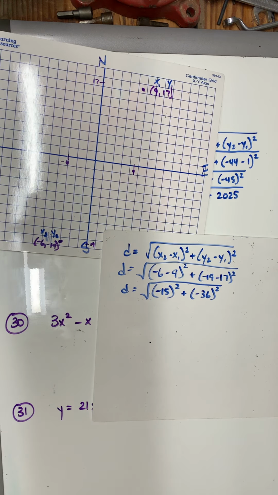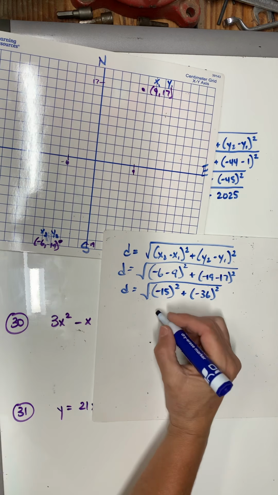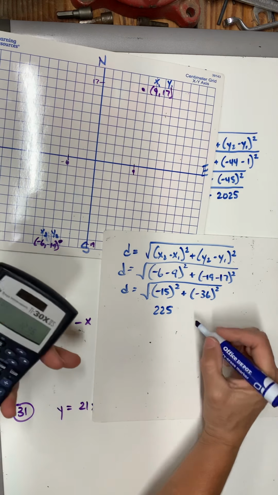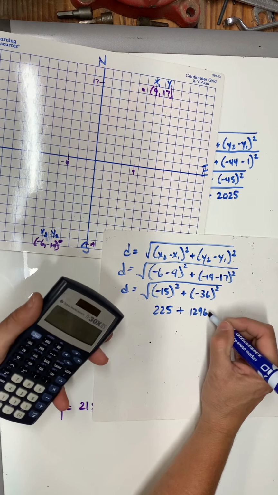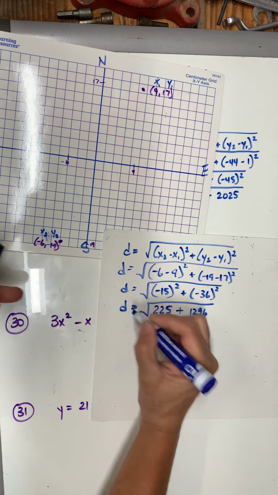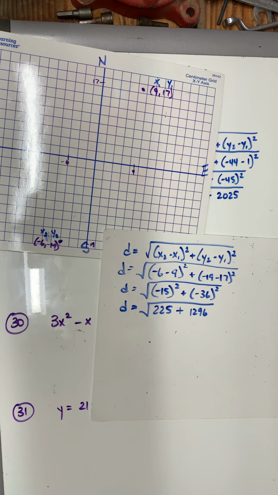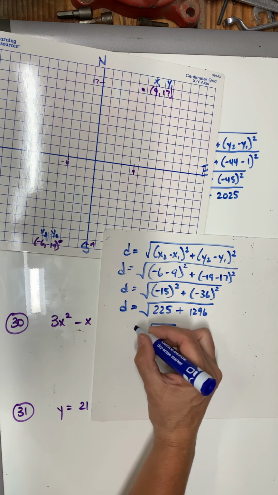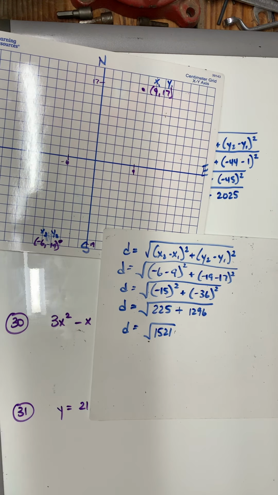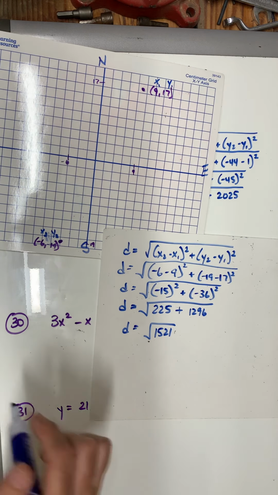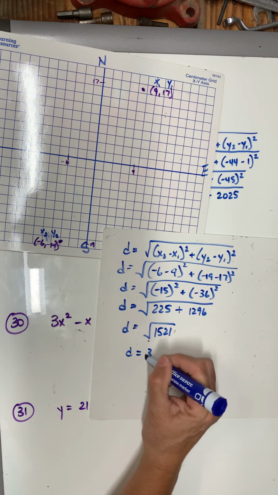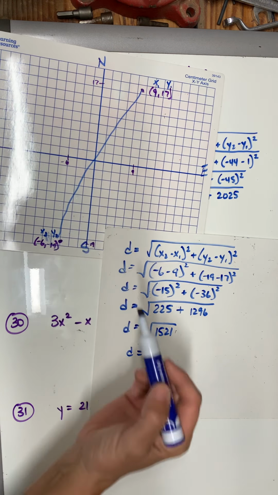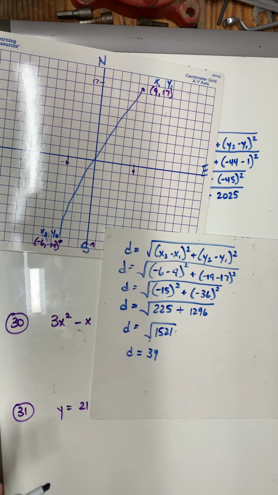So -15 squared is a positive 225. -36 squared is a positive 1296. If I add those two, I get 1521. If I take the square root of that, I get 39. So my answer for the distance between the courthouse and her home is 39.